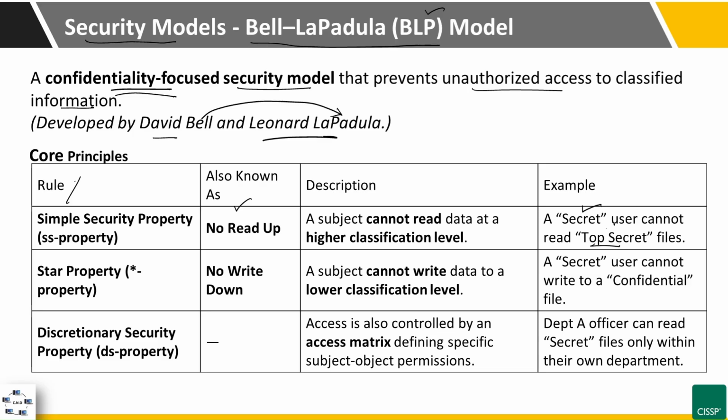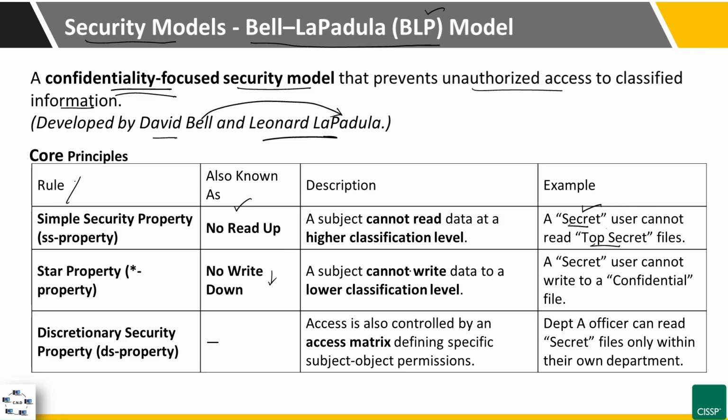In this way, this model protects confidentiality because the top secret confidential data can only be viewed by a top secret clearance user. If a user has lower clearance, such as secret or confidential, they cannot read or access the top secret files.